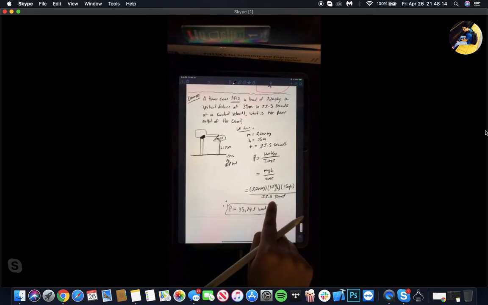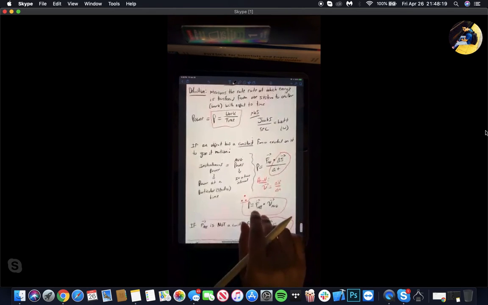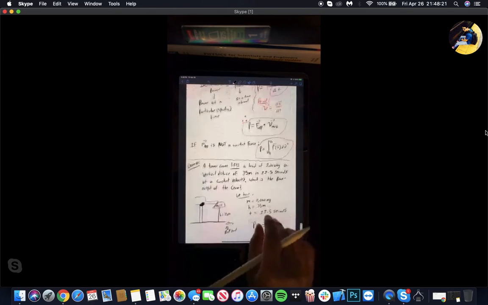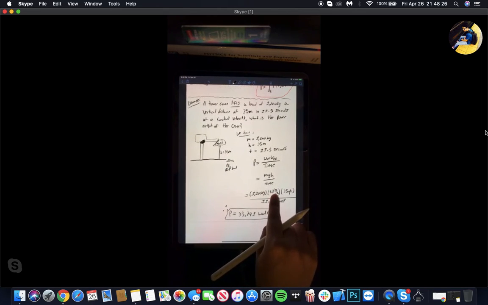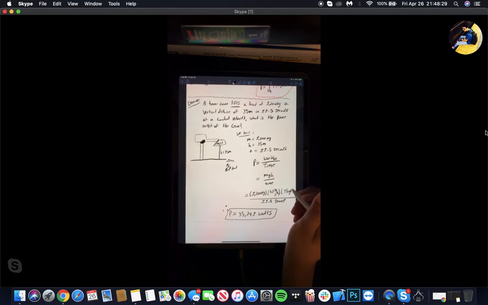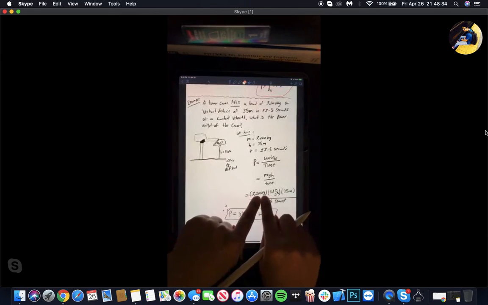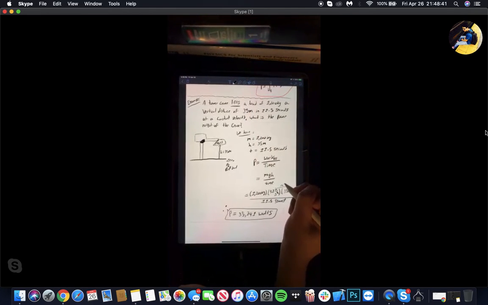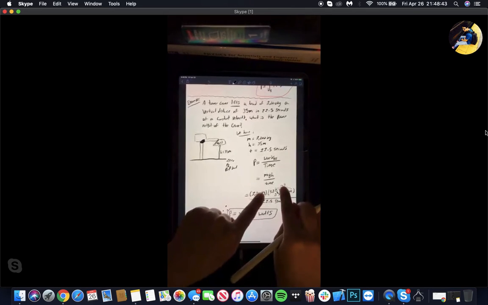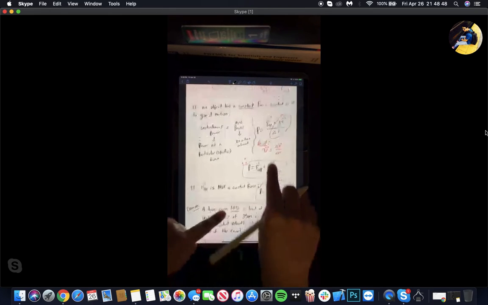So now what do you have? Kilograms times meters squared over seconds squared gives you the joule.